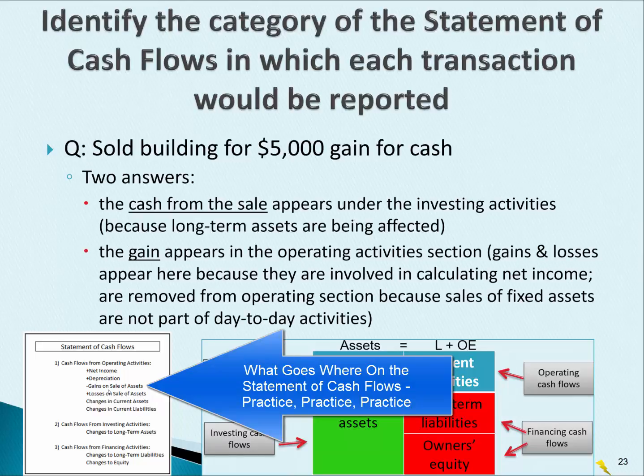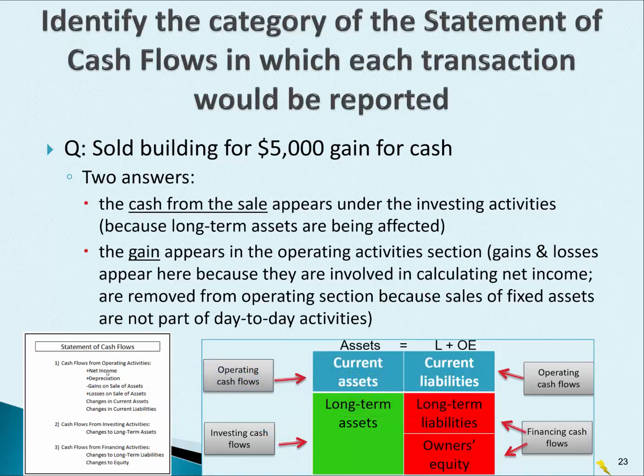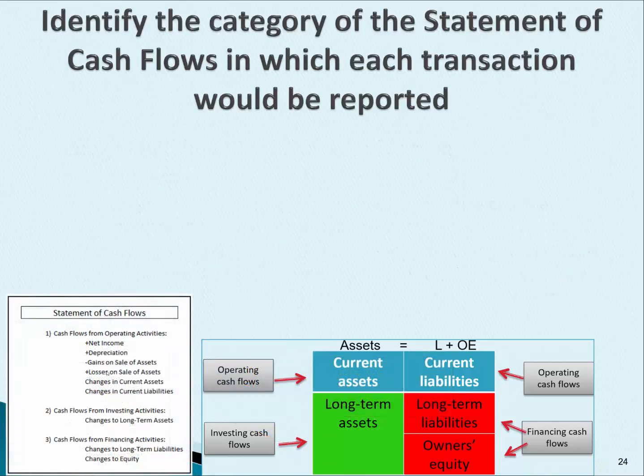And because the gain does not involve cash, remember the cash portion went down here in the long-term assets, you can't double count the gain. So the gain has to be reversed or backed out of net income, because as you recall, gains and losses are embedded in net income. That was one of the harder ones that we'll face.